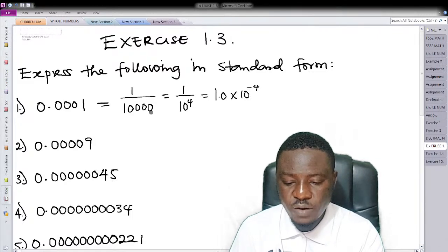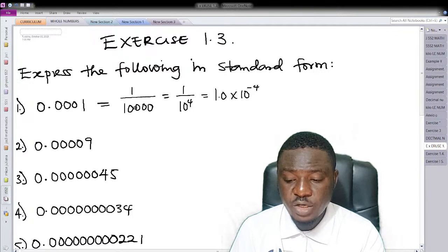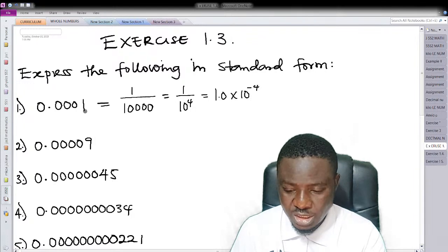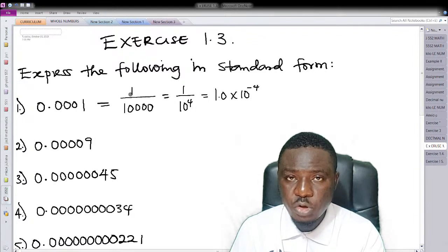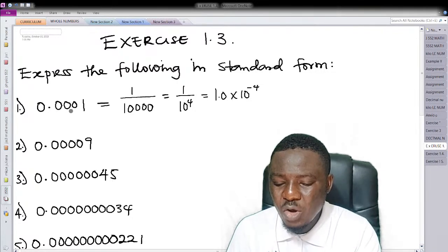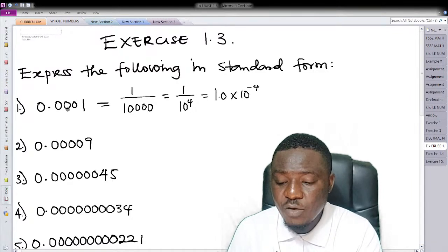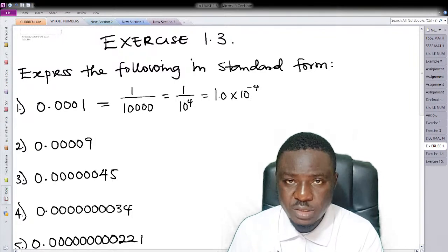How did I get 1 over 10,000? Remember, when you are converting from decimal points to fraction, the rule says pick up the non-zero digits after the first non-zero digits. That becomes your numerator, all divided by the number of zeros you have up to the first non-zero digit.